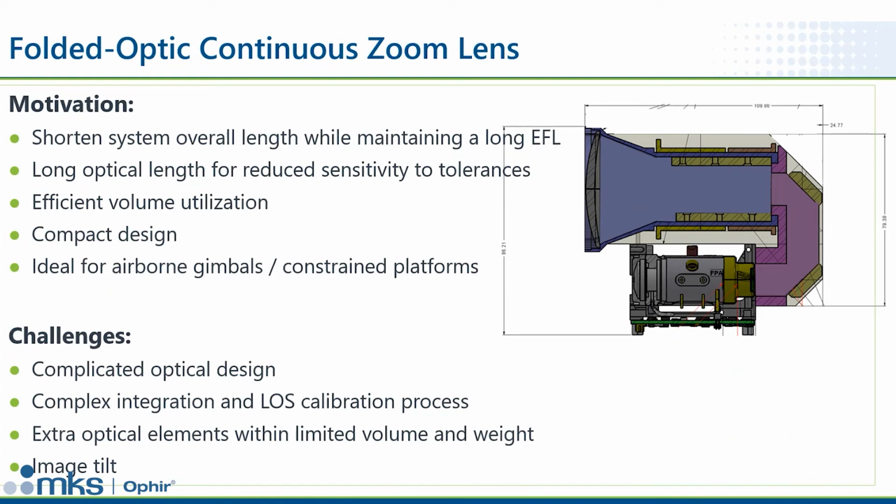Secondly, the integration and calibration of such a lens is much more complex than standard designs. Another challenge is extra optical elements within limited volume and weight, which means high density of components. And there is also the issue of image tilt, which we should face and correct for.